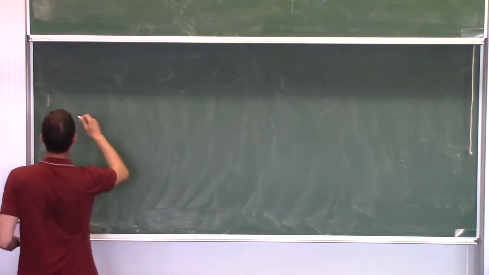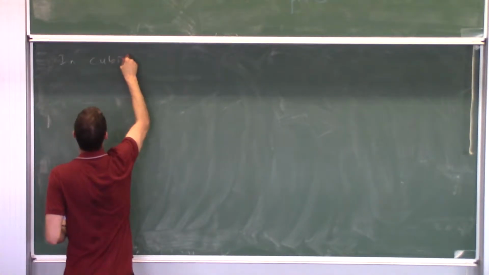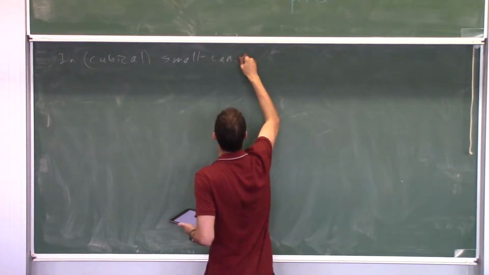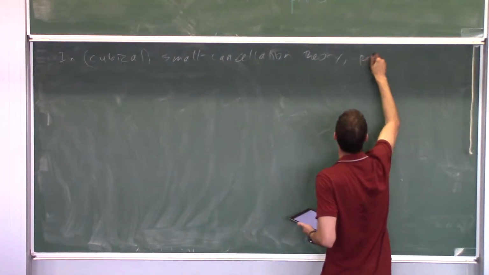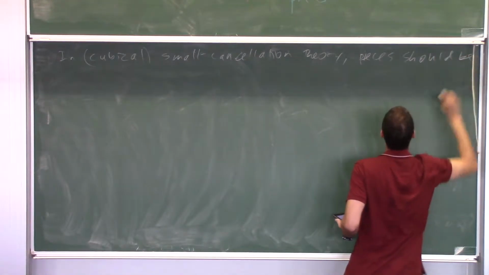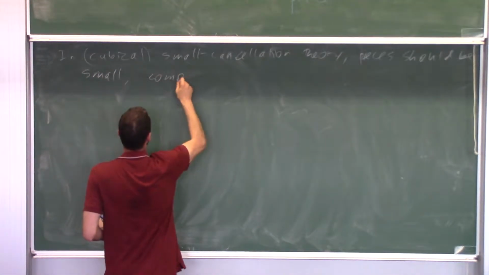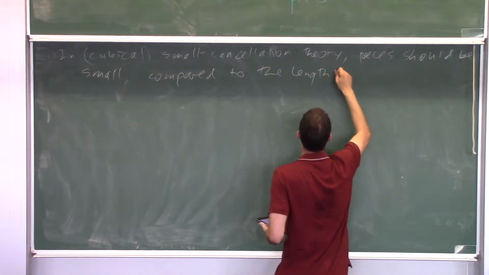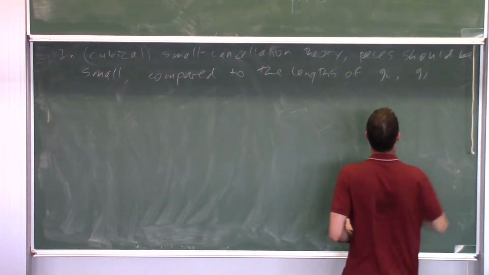Okay. So, cubical or more general, pieces should be small compared to the lengths of Gi and Gj.